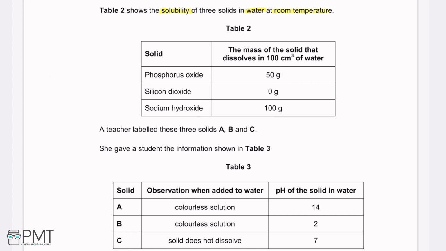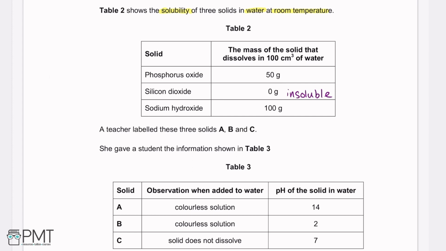That's 50 grams for phosphorus oxide, 0 grams for silicon dioxide, and 100 grams for sodium hydroxide. So straight away, looking at that data, we can say that silicon dioxide is insoluble, because none of it dissolves in water.